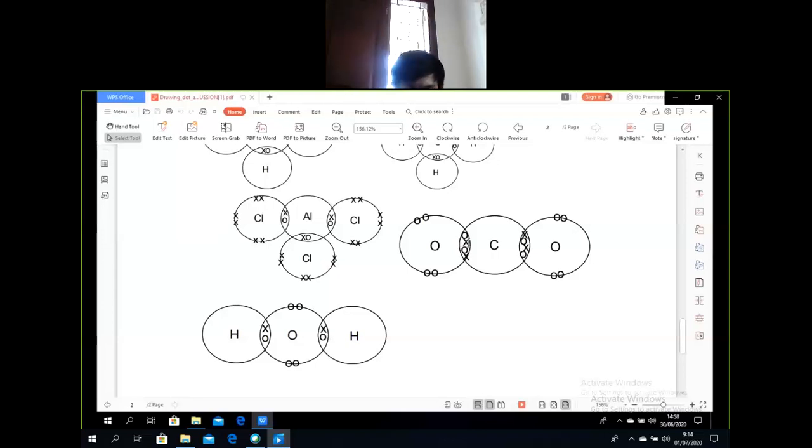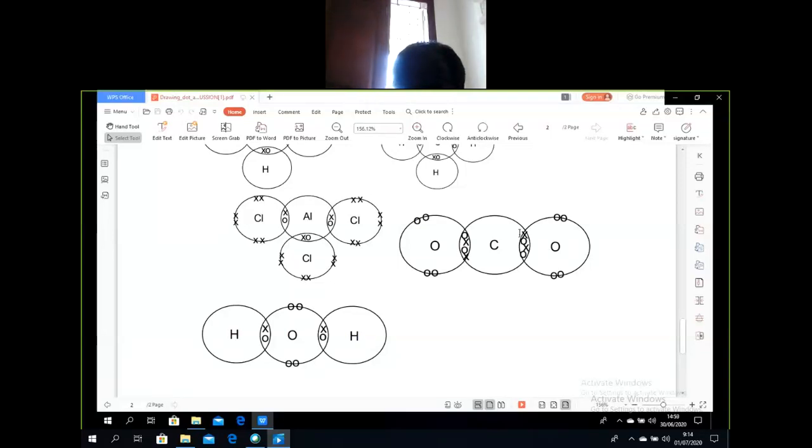When there are 2 double bonds, these bonds count similar to single bonds. Why single bond? Because the double bond occurs in the overlapping orbitals of S and P orbitals of the same atom.